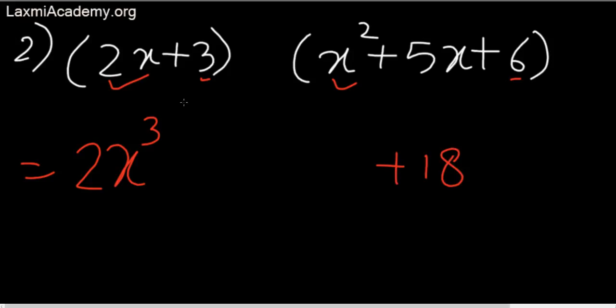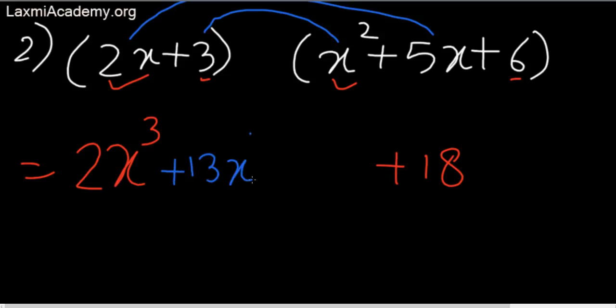And then we need to find the middle terms. The first middle term: 3 times x squared is 3x squared, and 2x times 5x is 10x squared. So 10x squared plus 3x squared is positive 13x squared. Now we have to find the last middle term.